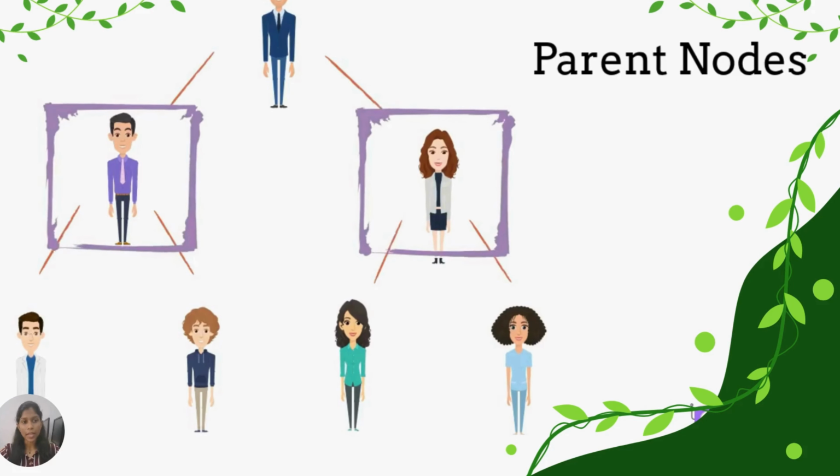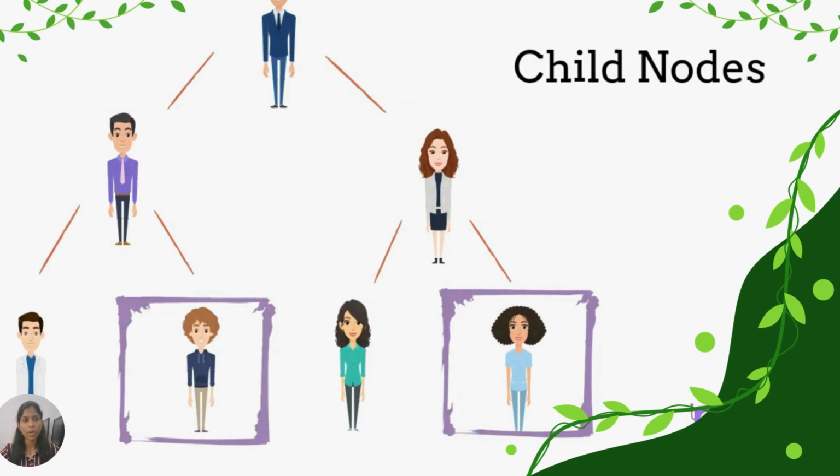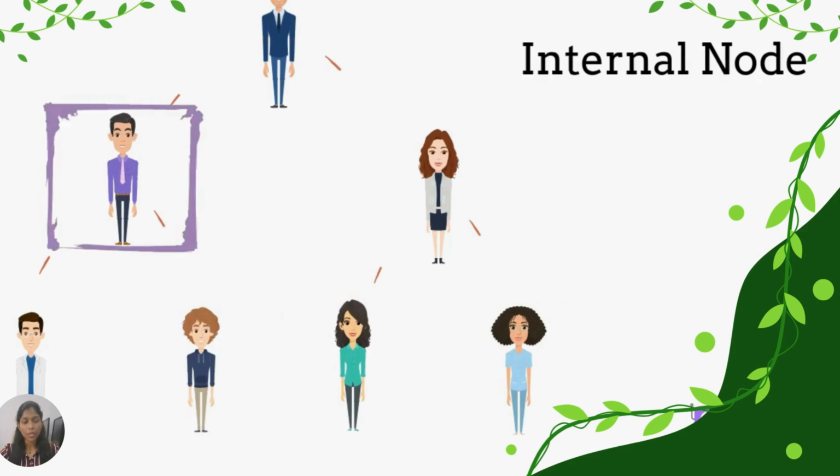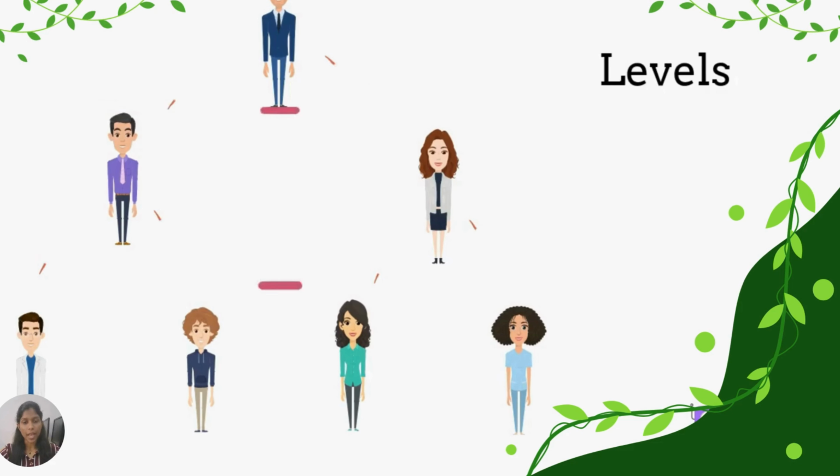A node that has child nodes is called a parent node, and the nodes that descend from another node are known as child nodes. A node with no children is called a leaf node, and a node that has at least one child is called an internal node.